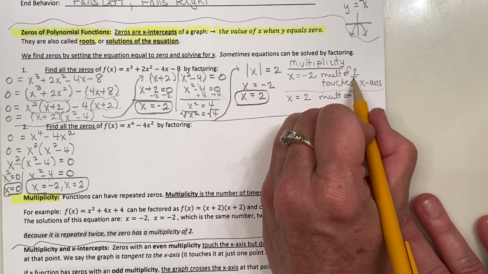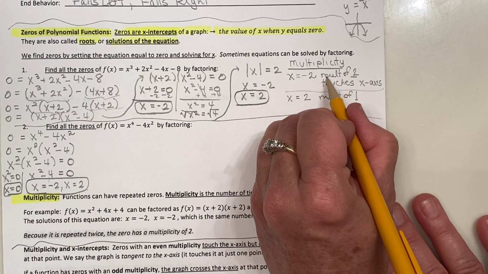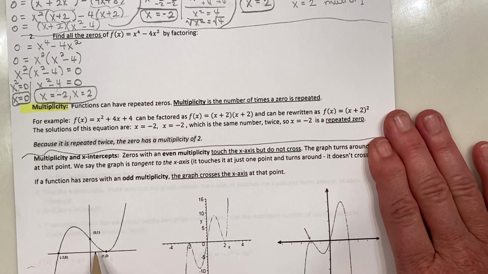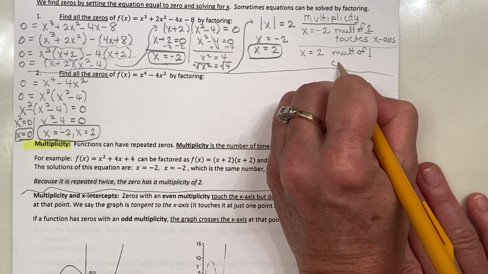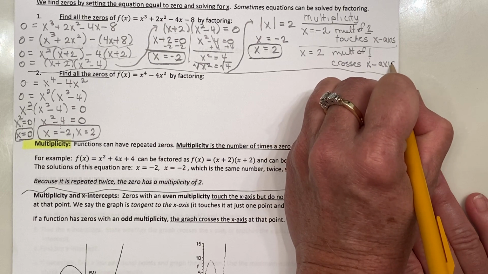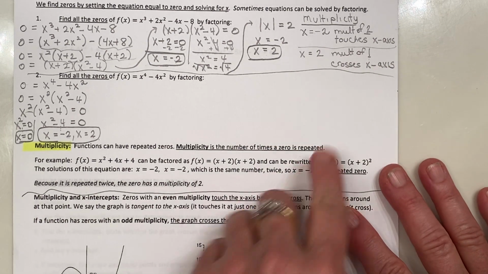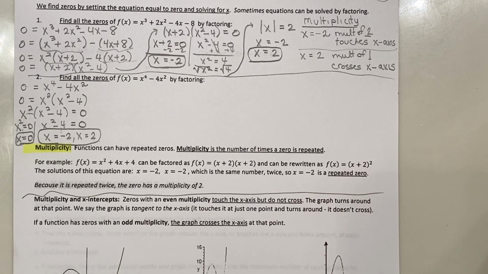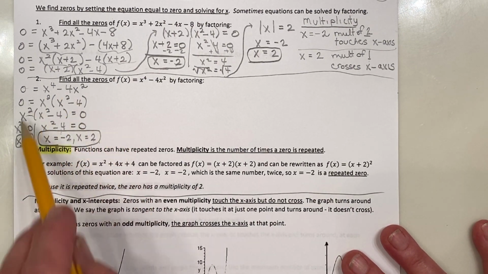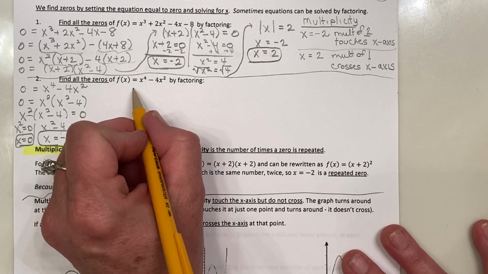So what happens when we have an odd multiplicity as opposed to an even multiplicity? Well, instead of just bumping off the x-axis and touching it, we actually cut through it. So we call that crosses the x-axis. Once we determine the zeros, we will be able to determine the multiplicity and then graphically whether the graph crosses or touches the x-axis. So let's finish up in this video with defining the multiplicity of these zeros.